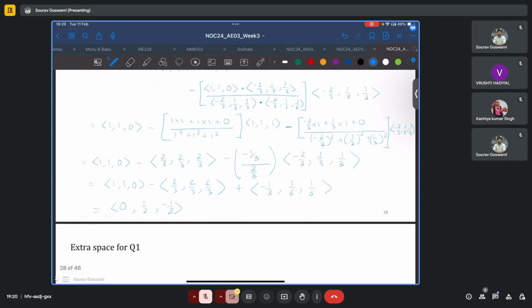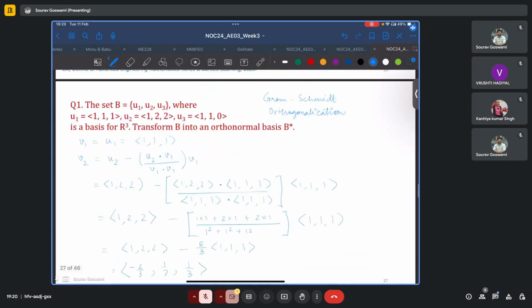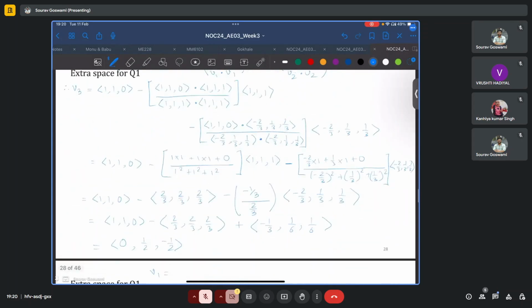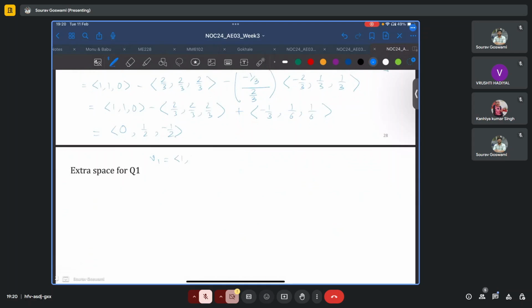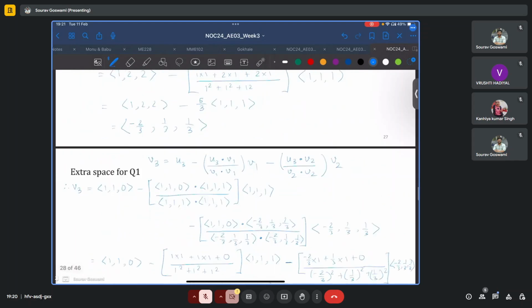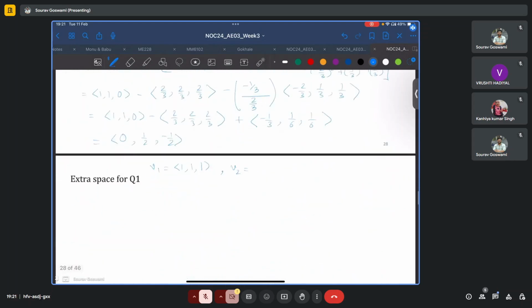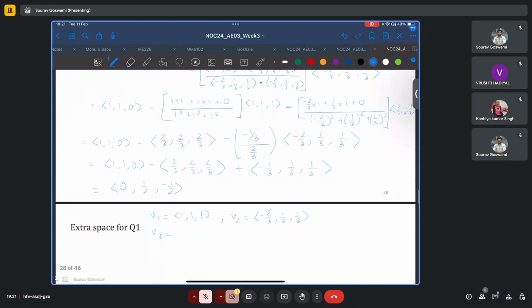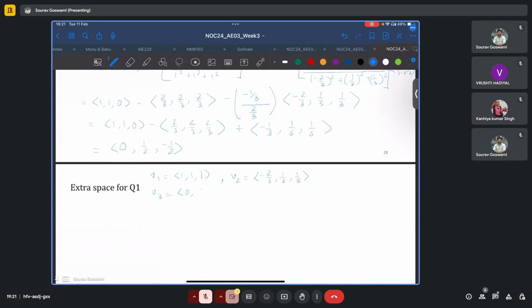And so we have obtained V1 as (1, 1, 1), V2 as (minus 2 third, 1 third, 1 third), and V3 as (0, half, minus half).